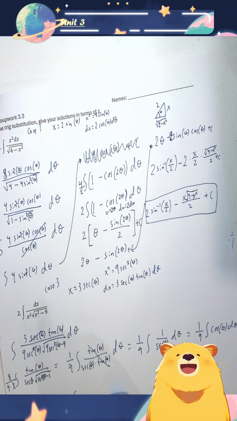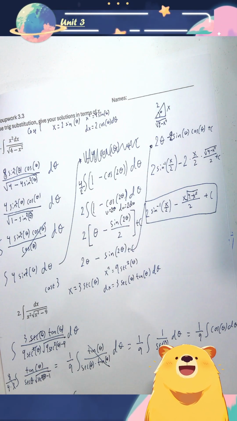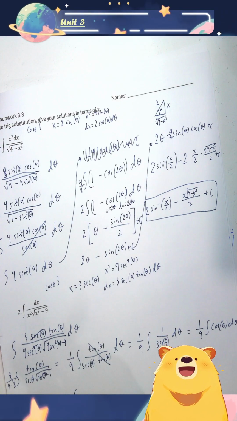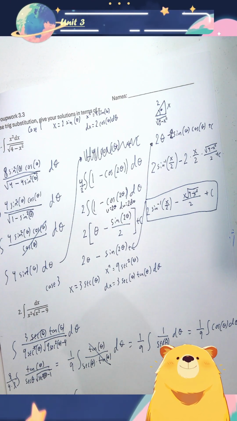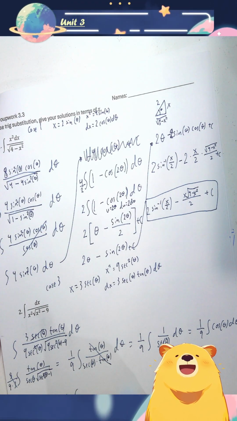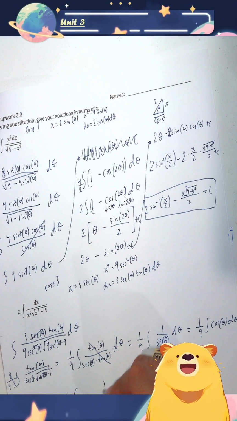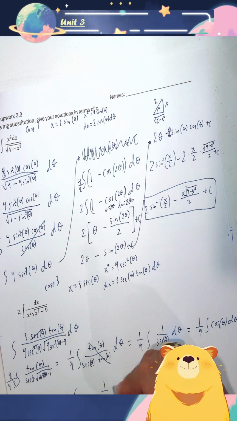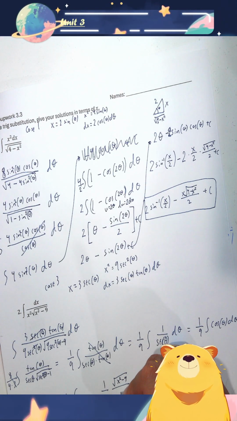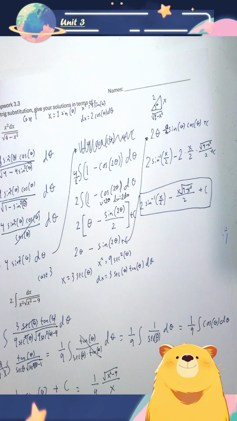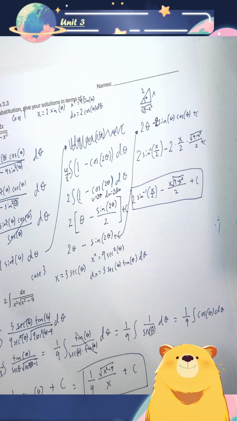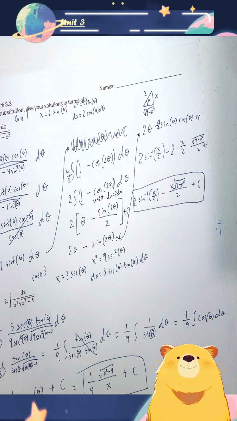So we know the opposite is the square root of x squared minus 3 squared, which is 9. And then we just plug that in for sine, because it's opposite over hypotenuse. So 1 over 9 times the square root of x squared minus 9 over x, and then plus c. And that's our answer.